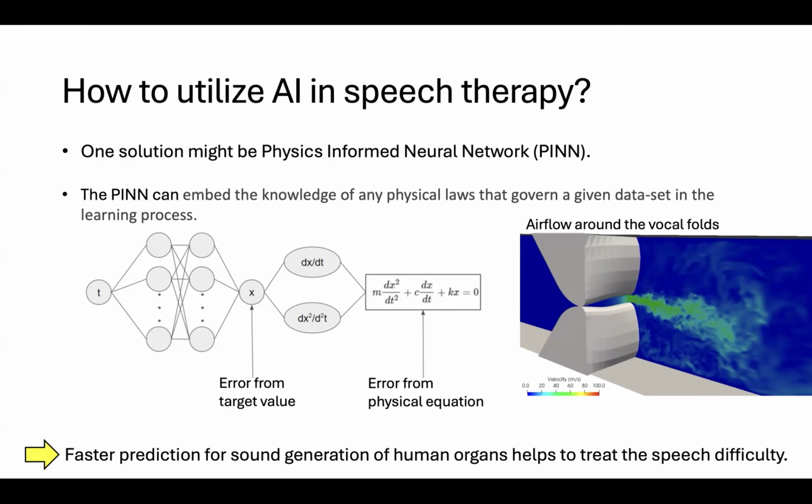In this case, we can embed physical laws like the equation of motion for vocal fold vibration or tongue movement, or we can also embed the Navier-Stokes equations for airflow and sound generation. And these equations can be used as a restriction for the learning process.